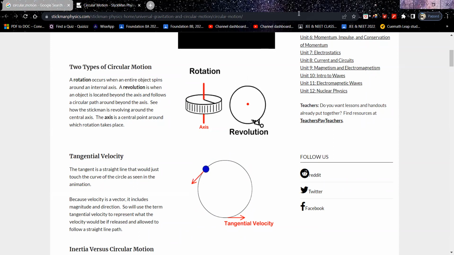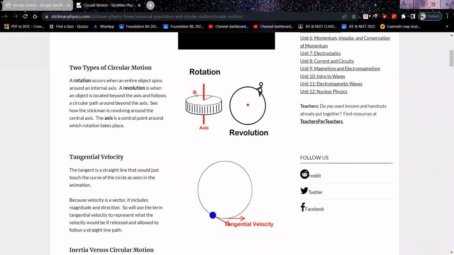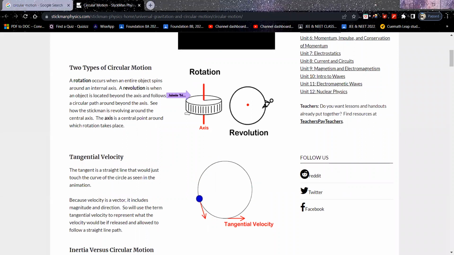Can I highlight here? This one. See this rotatory motion about its own axis, right?